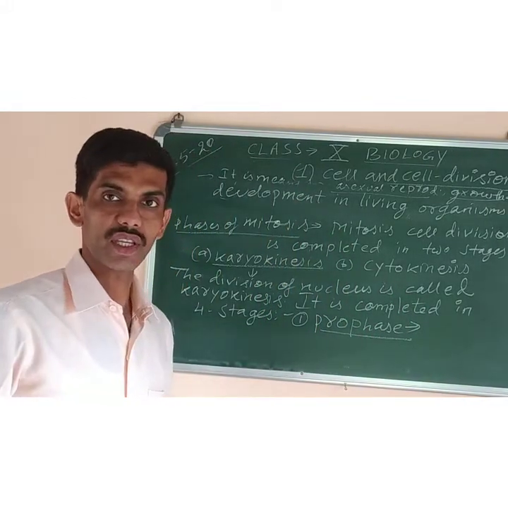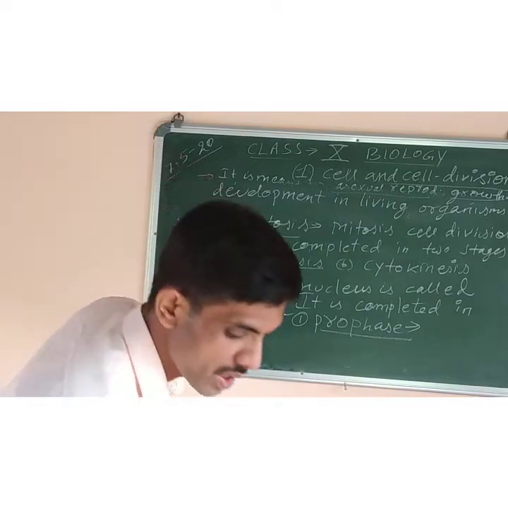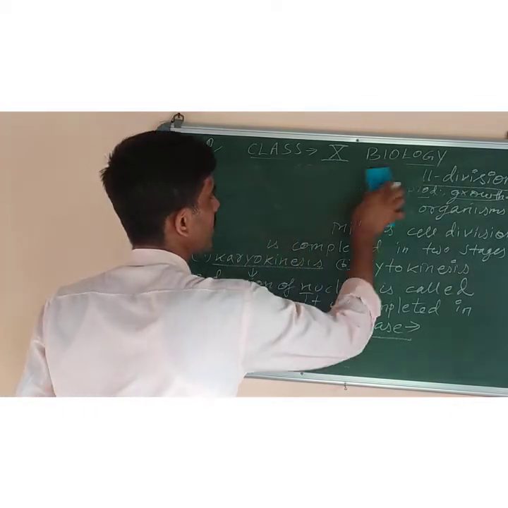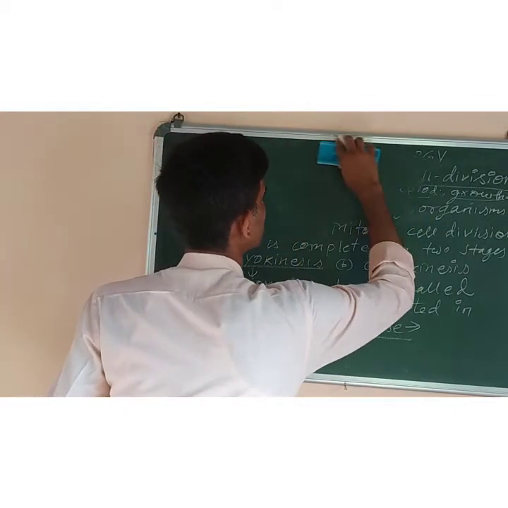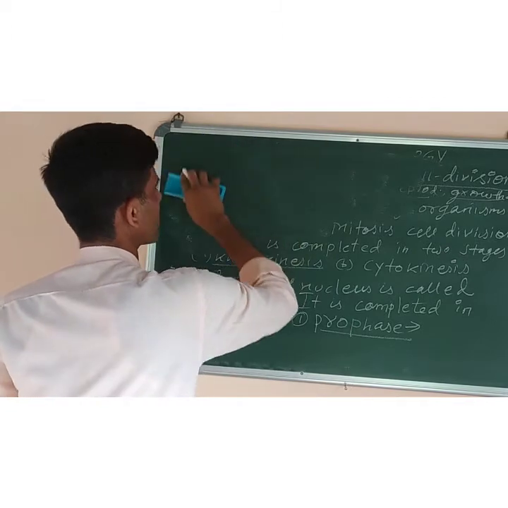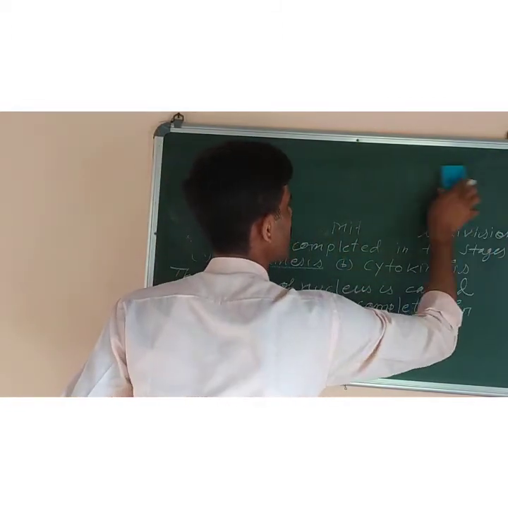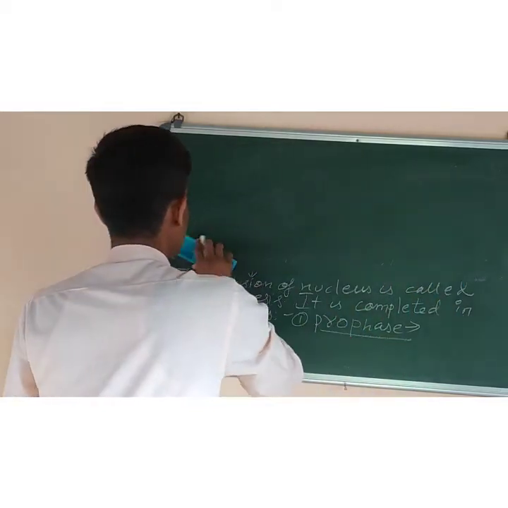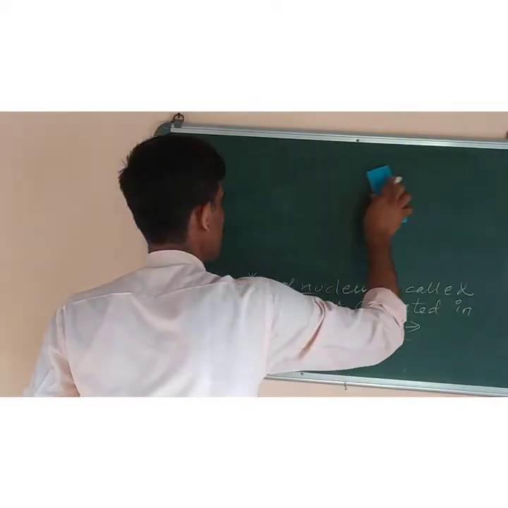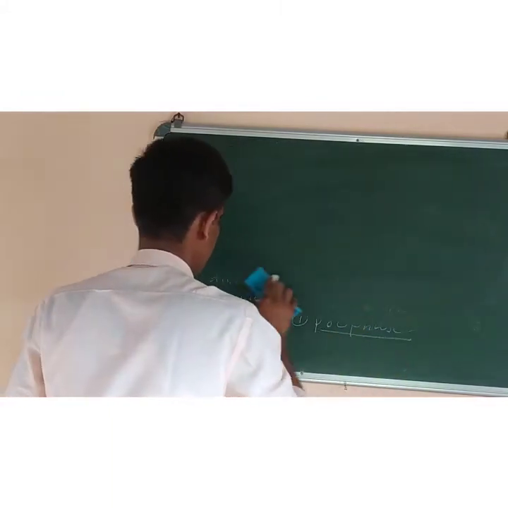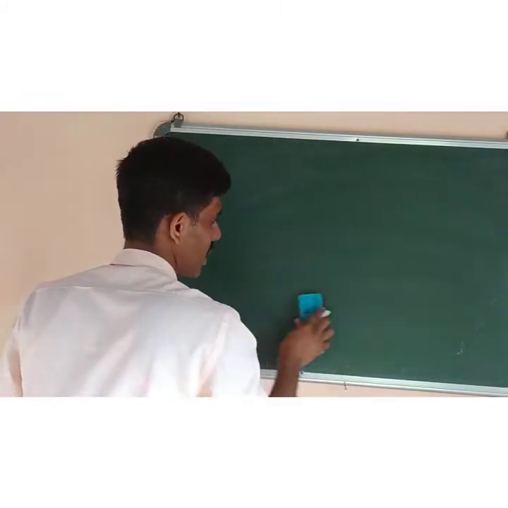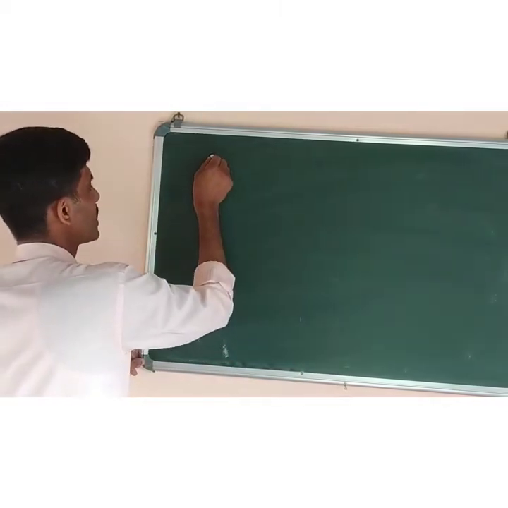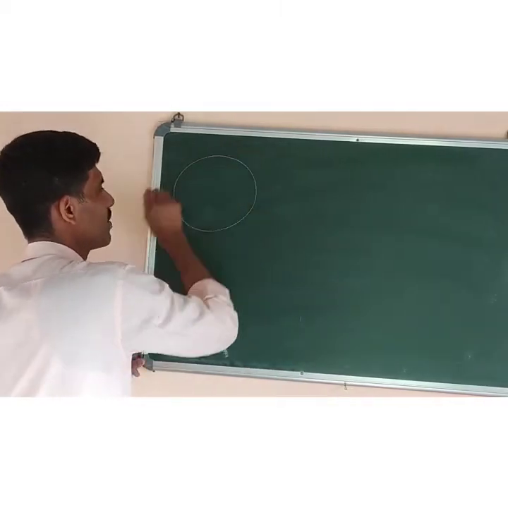Now what are the changes that occur in the nucleus of a cell during prophase? That I will draw and explain it here. Okay, prophase is the first stage of nuclear division, during which some remarkable events or changes occur inside the nucleus. So along with the diagram you can understand. Suppose this is a plant cell or animal cell you take.